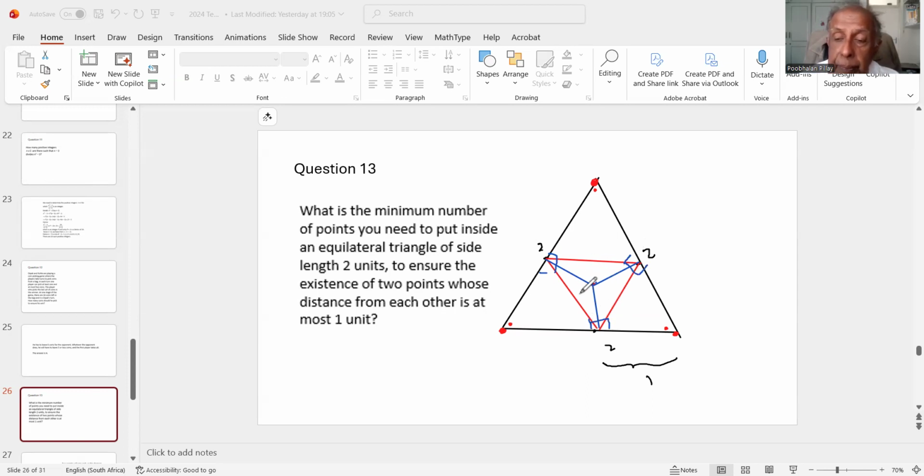And then you will see that this distance here, the distance from this point to this dot here, is almost equal to the hypotenuse of a right angle triangle. And because these are middle here, these are all 1.